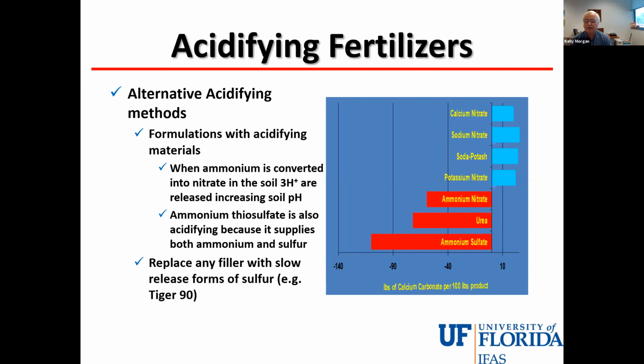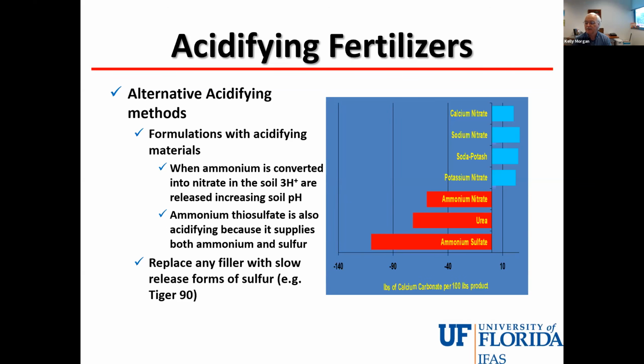So that brings us to this chart, which is a very simplified chart looking at the amount of calcium bicarbonate that these fertilizer sources can balance. You see the blue bars at the top, those are alkaline producing fertilizers: calcium nitrate, sodium nitrate, potassium nitrate.